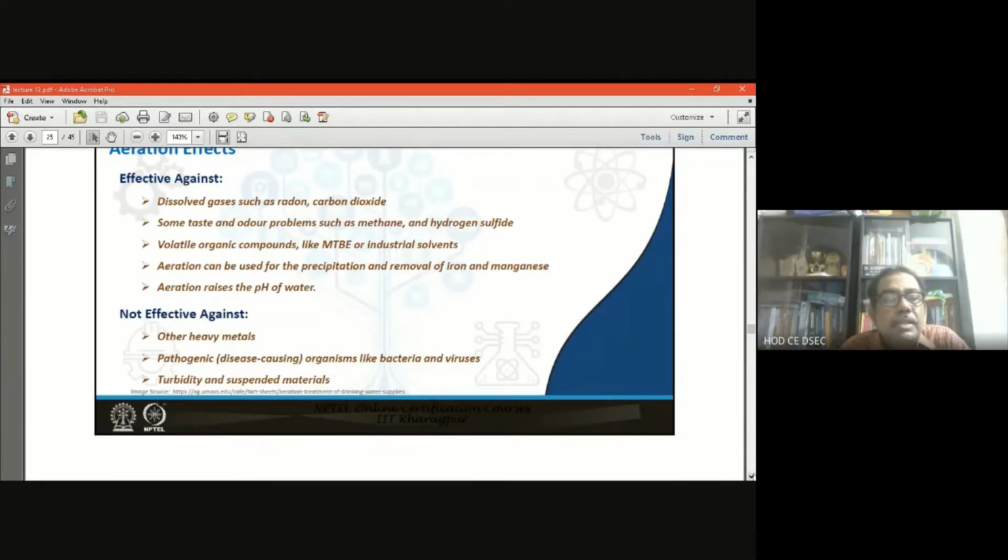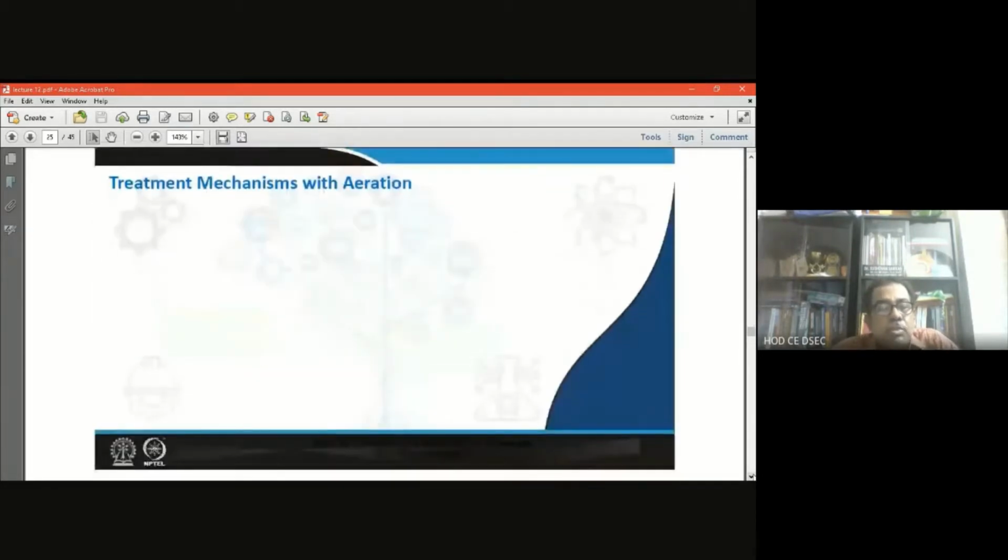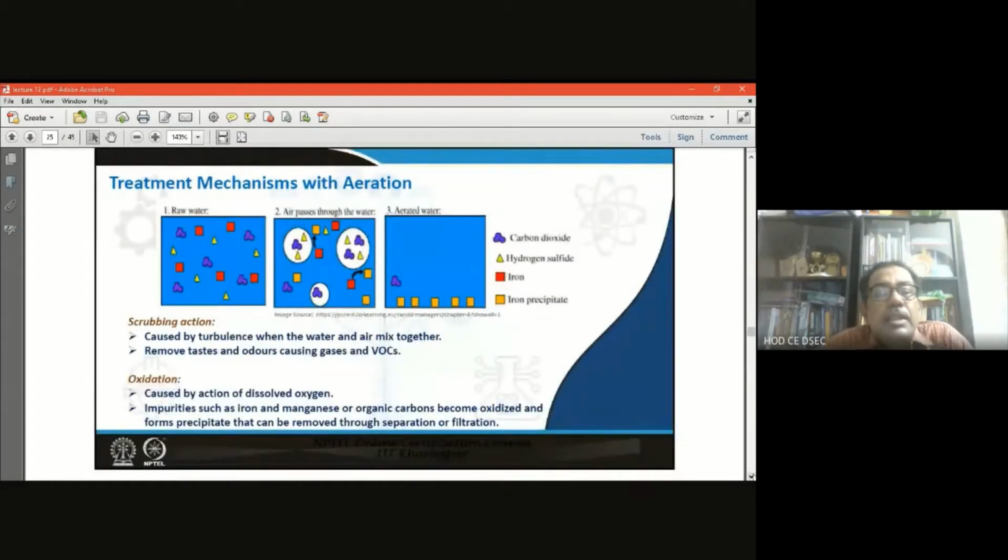Okay. The treatment mechanism: this pictorial diagram shows the treatment mechanism of aeration. Now, how the raw water contains, you see, different symbols used in the pictorial diagram: carbon dioxide, hydrogen sulfide, iron. In the first picture, the raw water condition, you can see all the carbon dioxide, hydrogen sulfide, and iron.